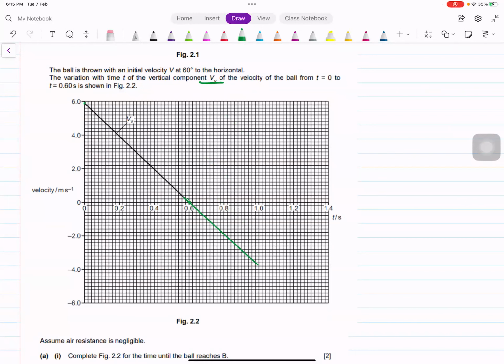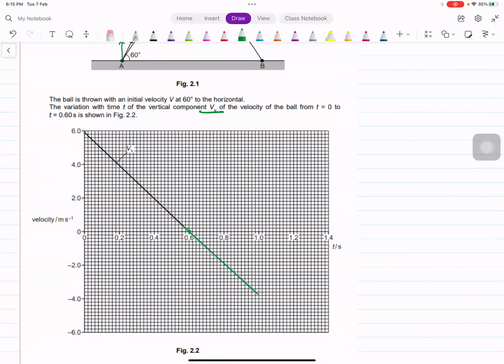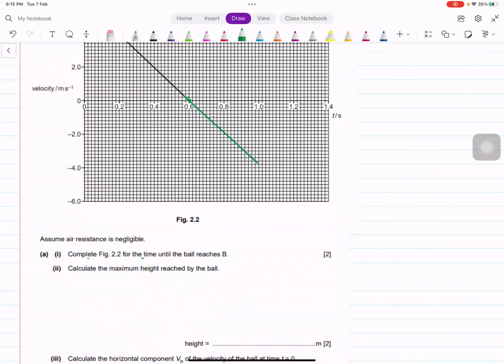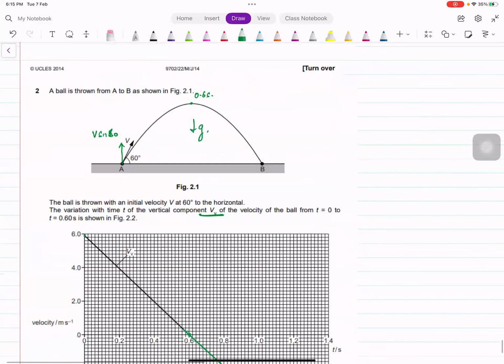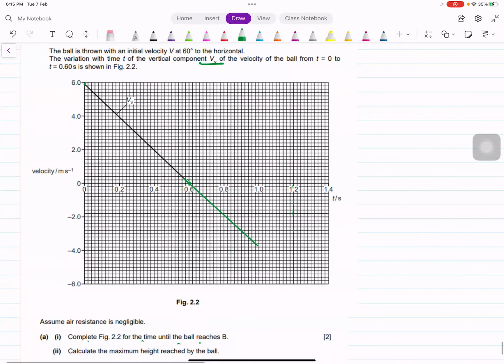That would give you the time. Calculate the time till it reaches B. If this is 0.6, you have to make sure that you go till 1.2, and obviously it is going to keep on going. You have to draw it like this. Is that clear, everyone? Yes, sir.